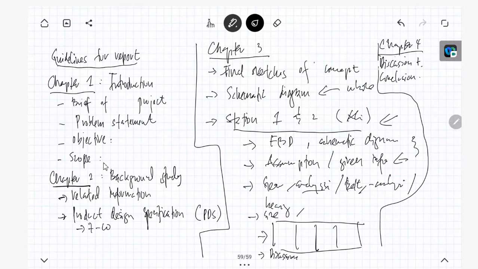But focus on design. You need to do all of it in your system design, 4533. The project will be given, and you need to start from scratch until the end.